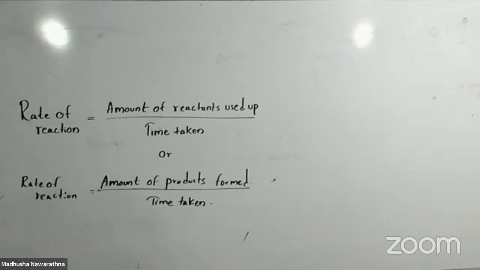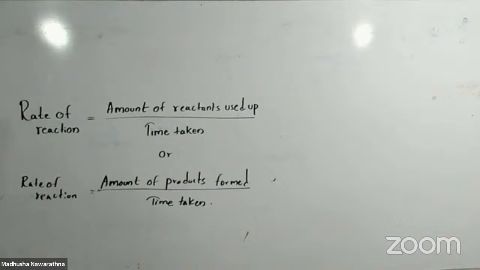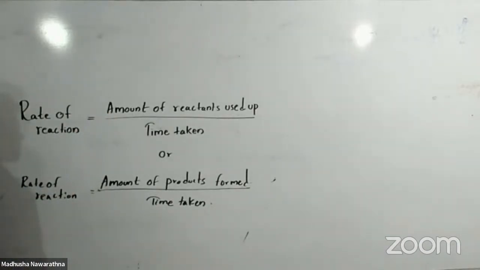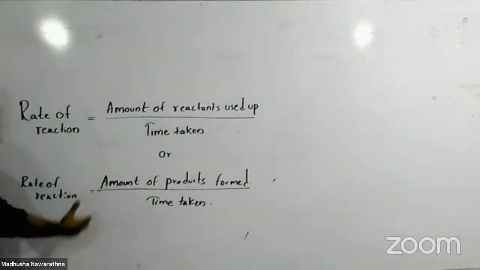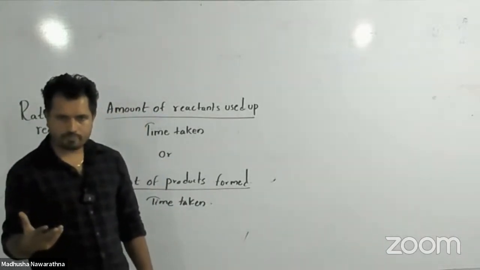Right. හරි ළමයි. Now, rate of reaction equals the amount of reactants used up divided by the time taken, or amount of products formed divided by the time taken.